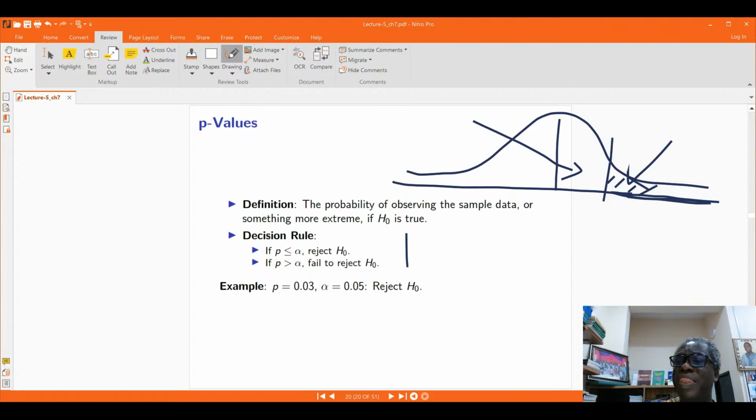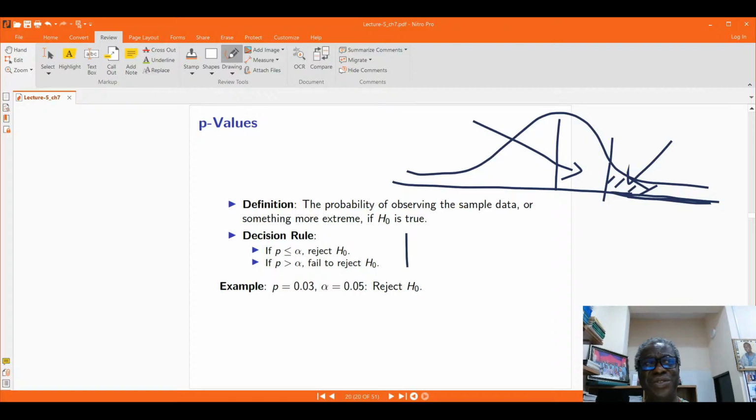So the role of the p-value is to decide whether to reject your null hypothesis or whether you should fail to reject your null.